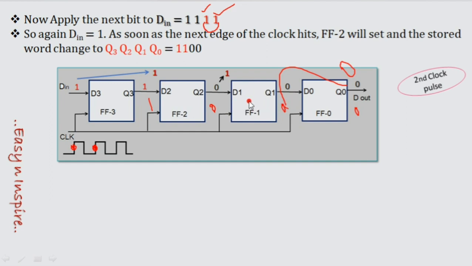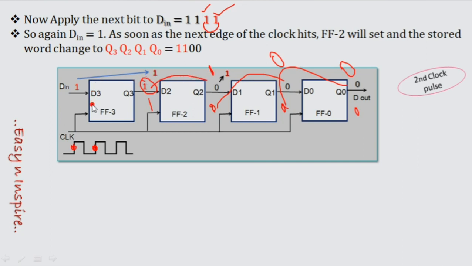For this flip-flop, input is 0, so again it is going to produce output 0. For this flip-flop, input is 1 previously, as I have mentioned here. Input is 1 and clock is also applied, so it is going to produce 1 as output.